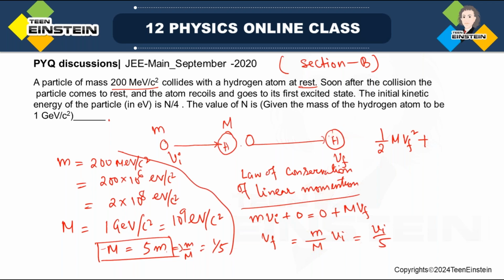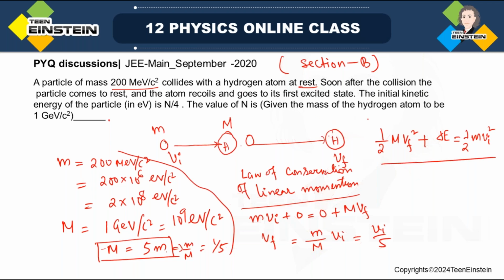The hydrogen actually goes to the first excited state, so you have to find out the energy difference. That energy difference will be added with this, so this will be equal to half m v initial square. This is actually the formula.